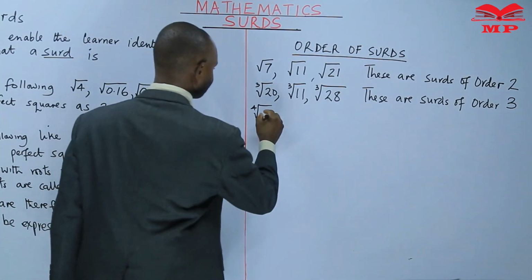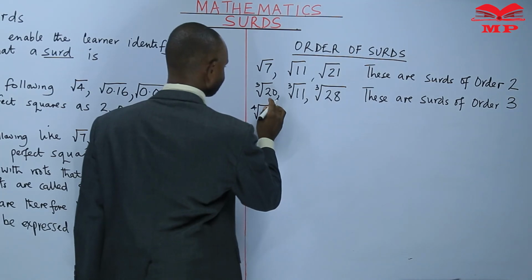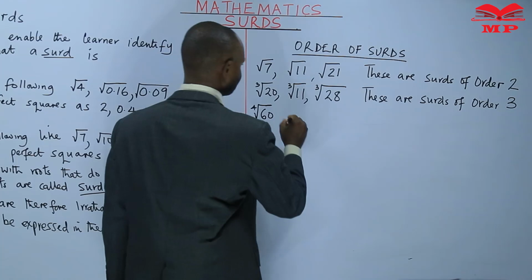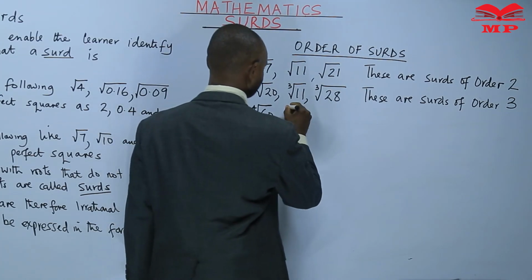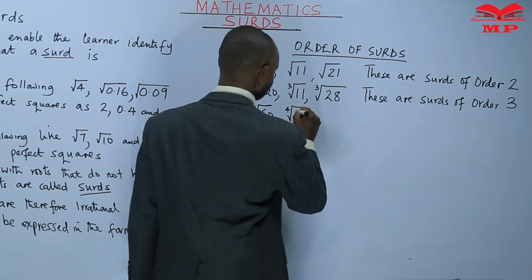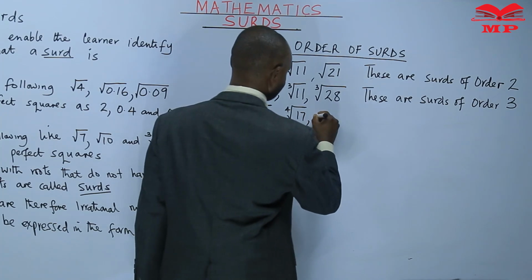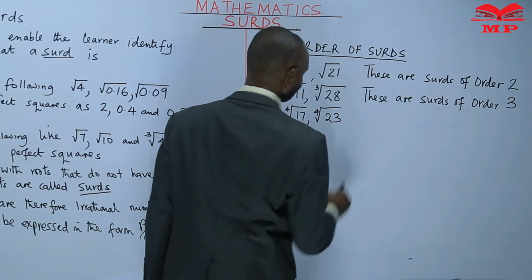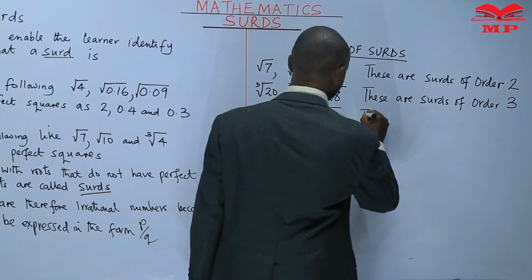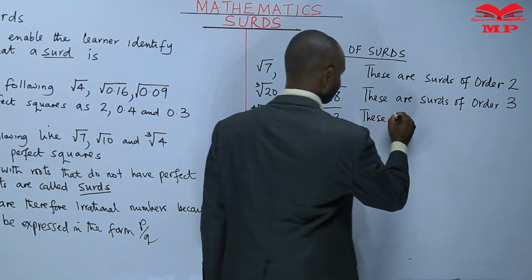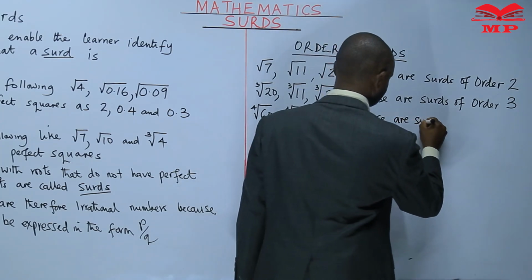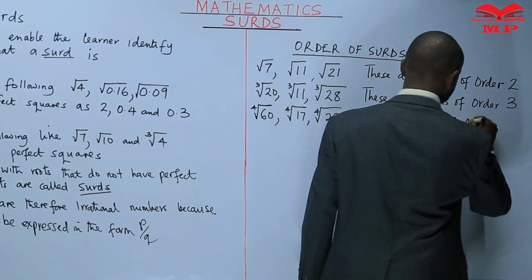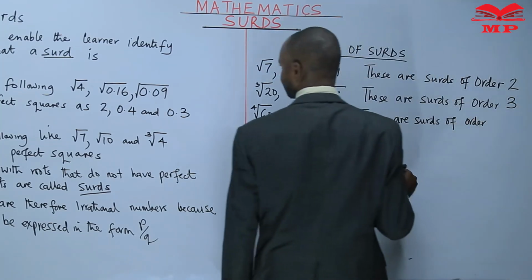We also have these: the fourth root of 60, the fourth root of 17, and the fourth root of 23. These are surds of order 4.